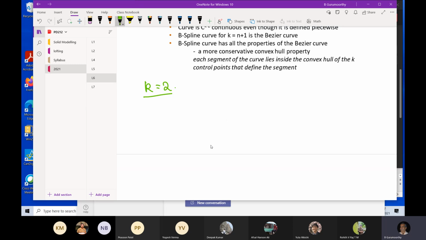Now what I want you to do is tell me what the spline or the Bezier representation will be for a quadrant of a circle which is centered at the origin and is of unit radius. 90 degrees. I want to know what P of U is. I'll stop here and we'll pick it up in the next class, that is Monday.